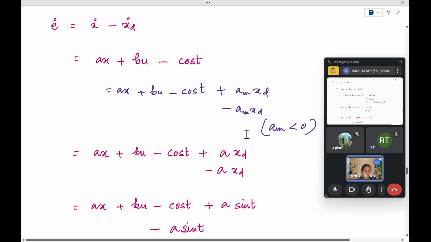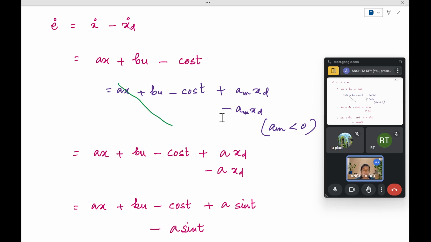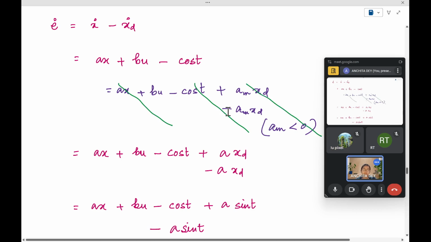Since we are given some options in this question, we will discard this idea and do some other tweaking. We will have a plus a minus a instead of this Am and minus Am. Of course, we do not know what a is, but this is just for analysis. We are not using this a in any input.